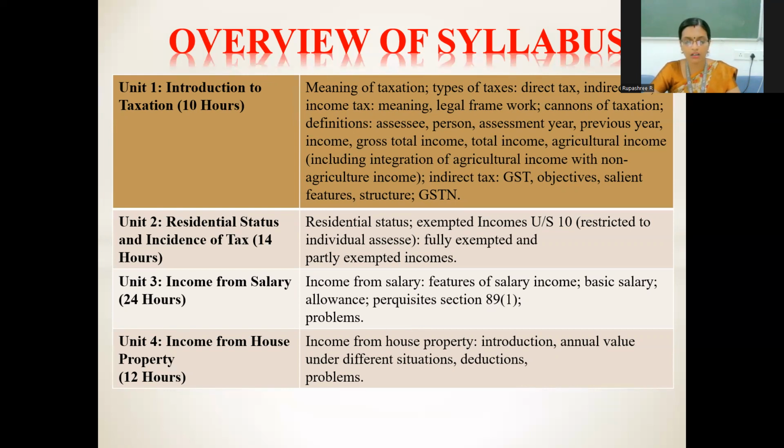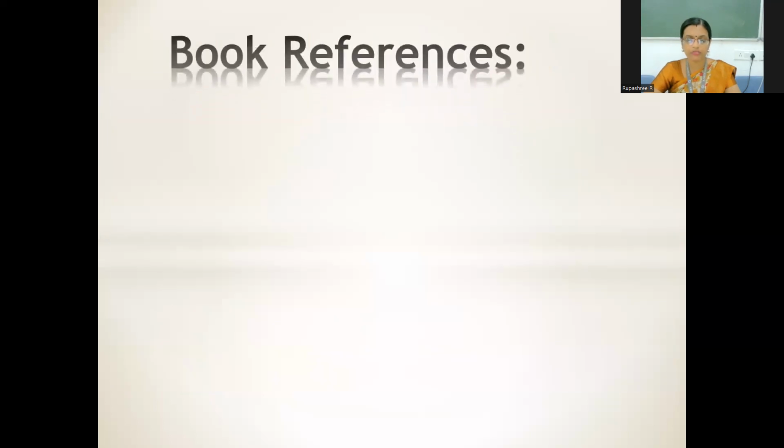Now, apart from these 5 heads of income, in Taxation 1, that is in the 5th semester, we will be covering only the first 2 heads of income, that is income from salary and income from house property, wherein the other 3 heads of income will be dealt with in the coming semesters.